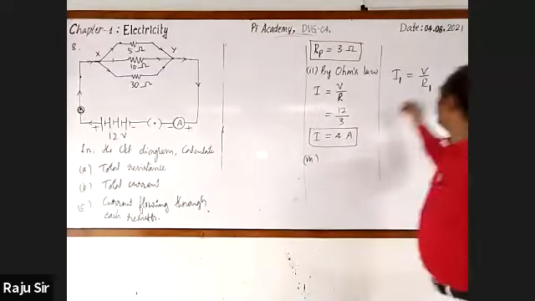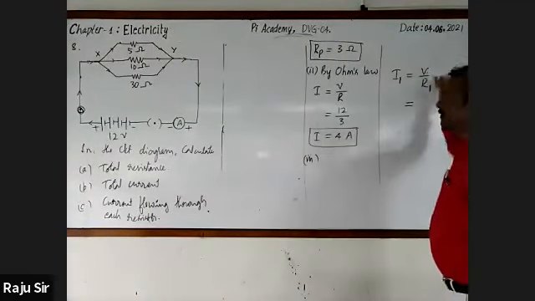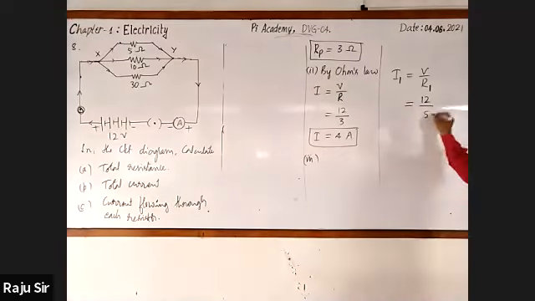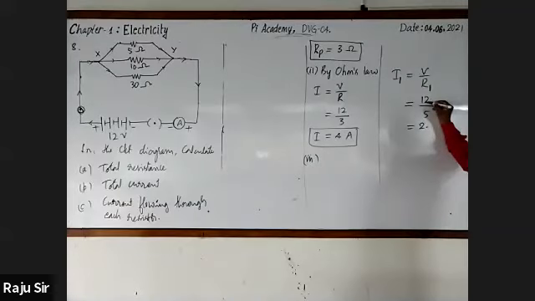So now V is 12 volts and R1 is 5 ohms. So 12 by 5, let us calculate. 5 2s are 10, 2 will remain, it becomes 20, 5 4s are 20. I1 is 2.4 amps.